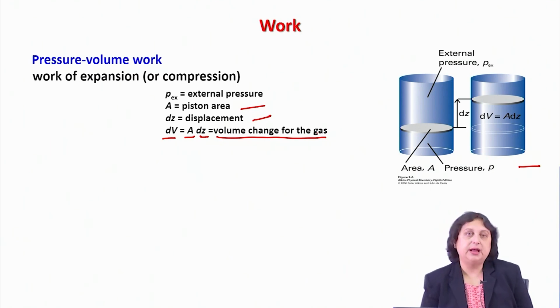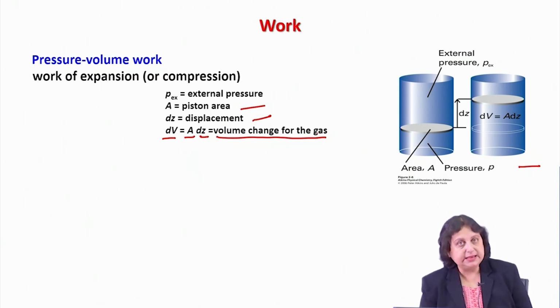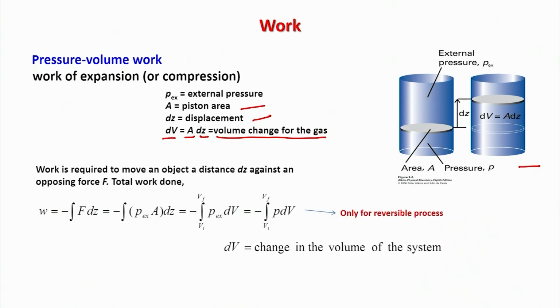Now I am going to calculate the amount of work that is done as the gas expands through this infinitesimal change in volume dV. Now the work required to move an object a distance dz against an opposing force F is W equal to minus F dz. Now what is F here? I am replacing F by P external into A, that is, the pressure working on the area A gives you the force acting on the system.